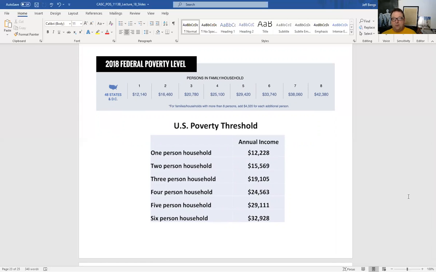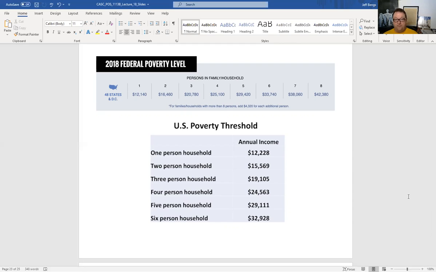But the poverty line or the poverty level is basically an amount of money that the government comes up with using a formula. And this formula is found in your textbook on page 482. What they basically say is whatever it costs for a family to feed themselves in 1 year, and they're talking about a realistic, thrifty budget.